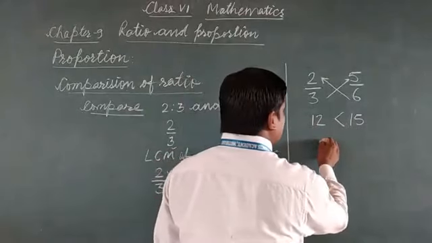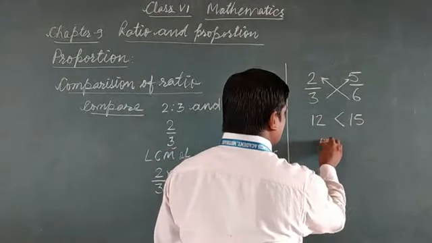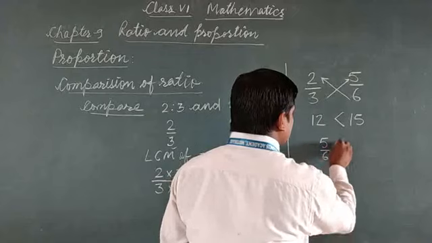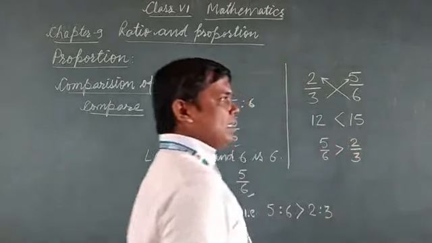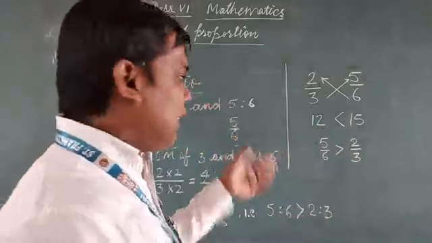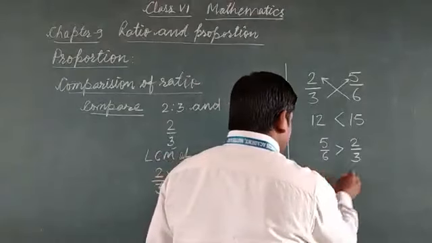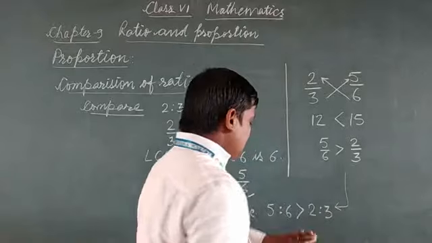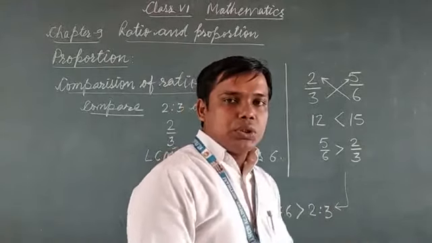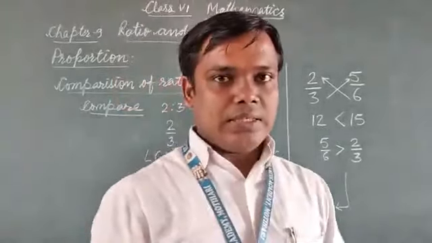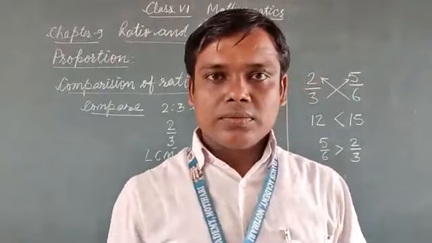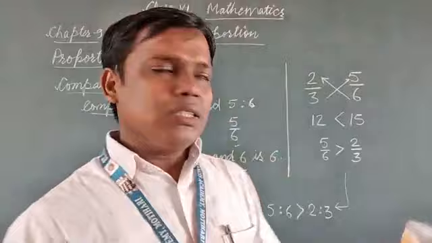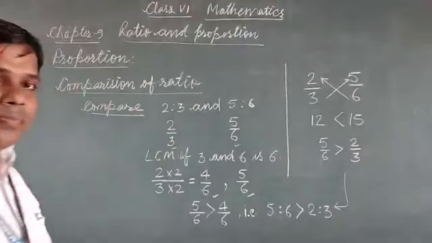So from here we can directly write 5 by 6 is greater than 2 by 3. And from here again we can write that 5 is to 6 is greater than 2 is to 3. Like this we will compare two ratios or more than two ratios given to us.